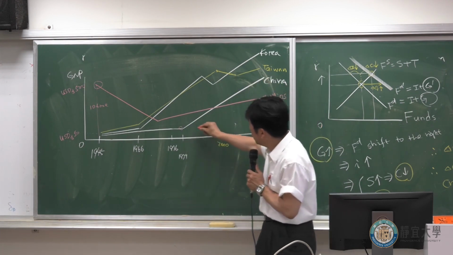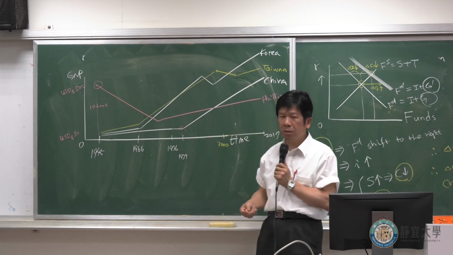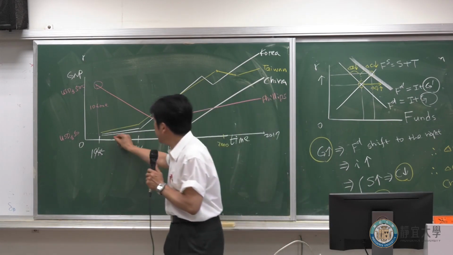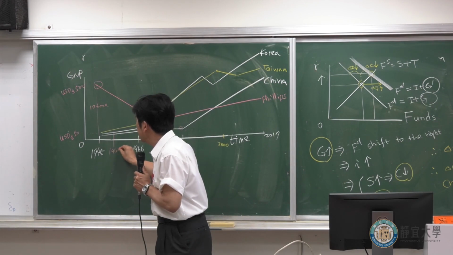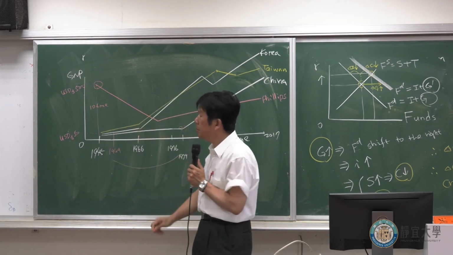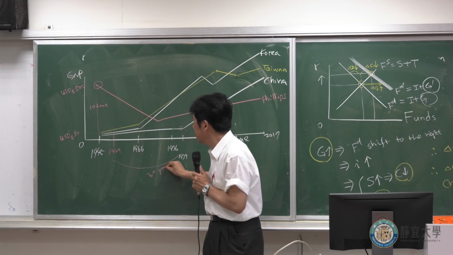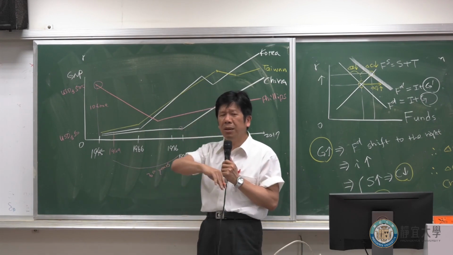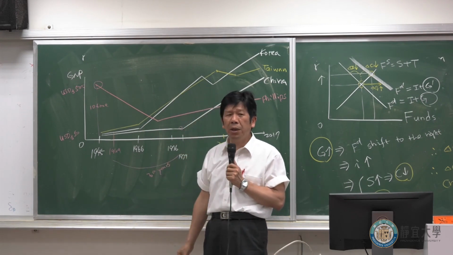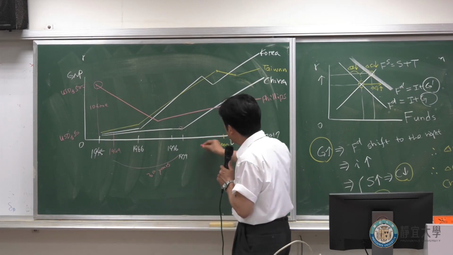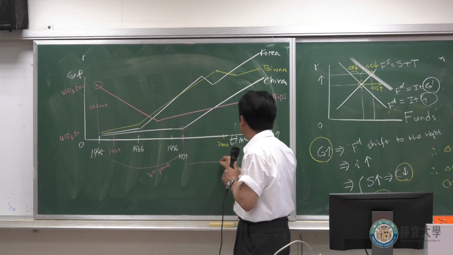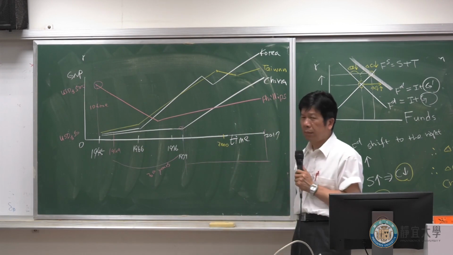From 1949 to 1979, China wasted 30 years, which was quite poor, very horrible. But after that, look from here to here.